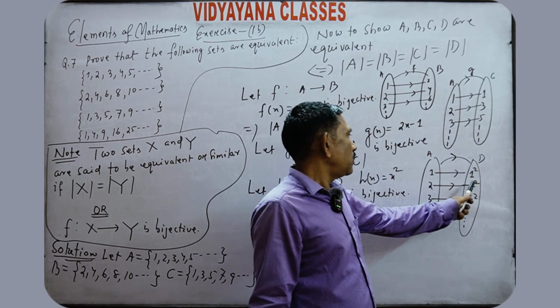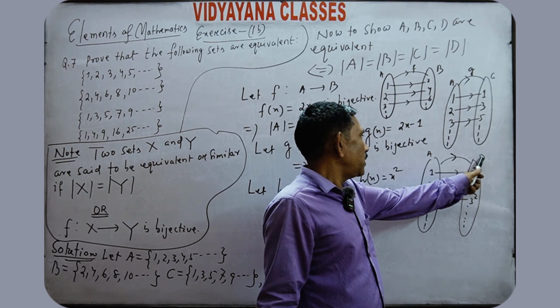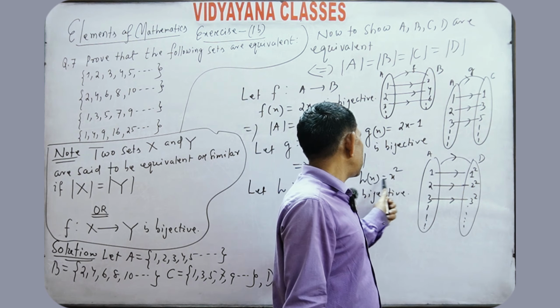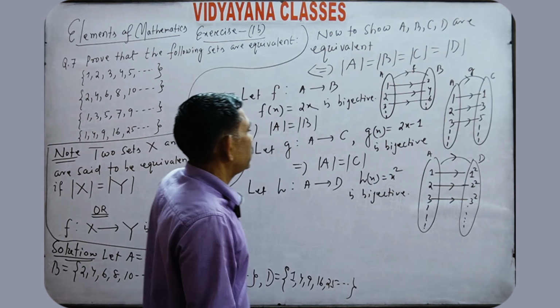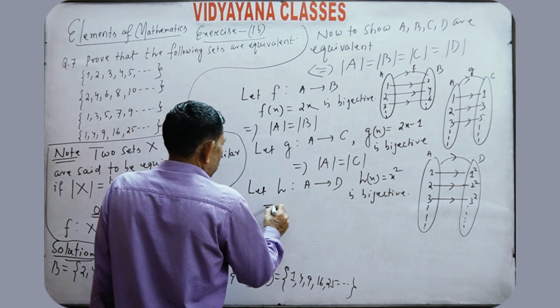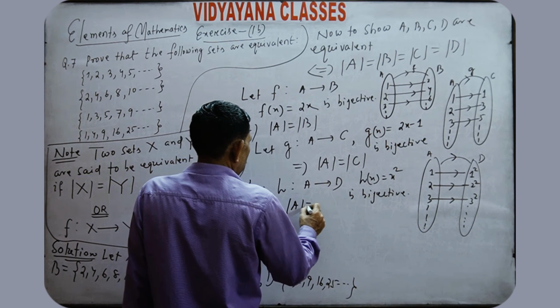For every y belonging to D, there exists an element x so that h(x) is equal to x square. Clear? This implies |A| is equal to |D|.